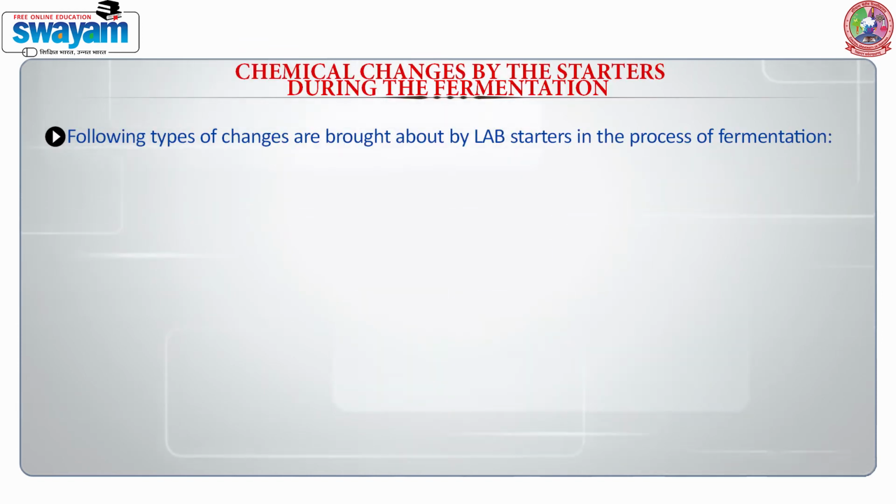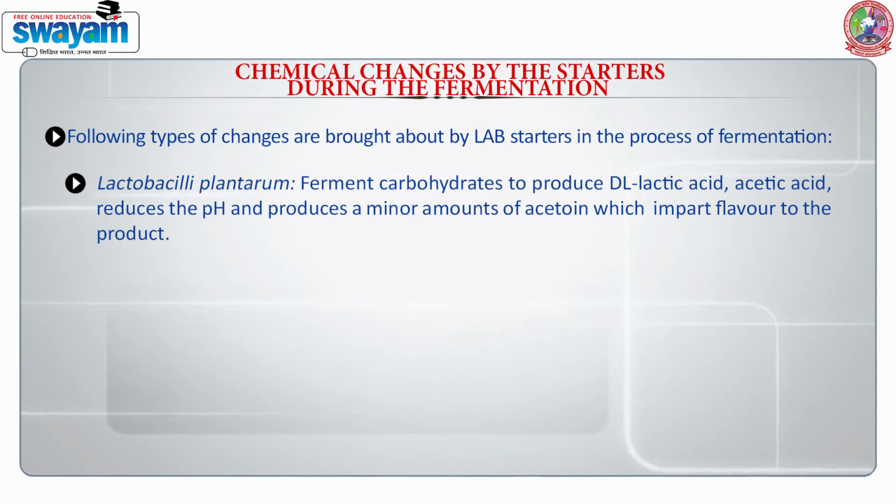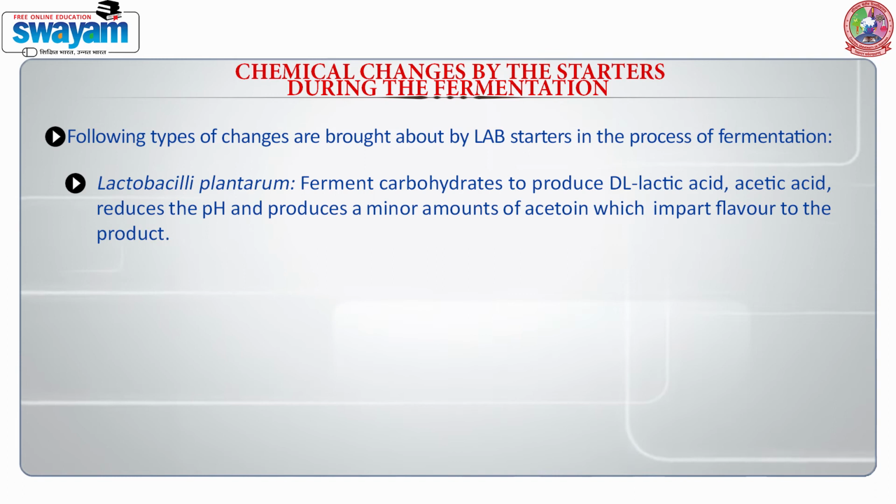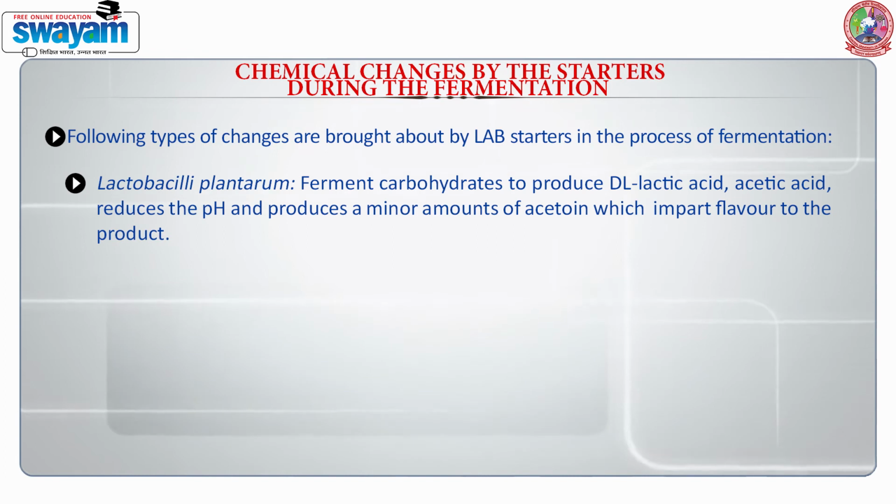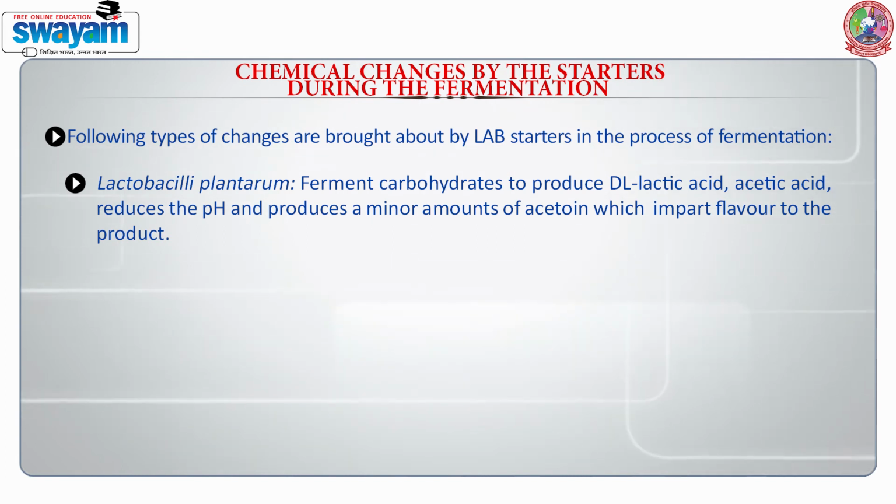There are certain chemical changes brought about by the starter culture during the fermentation, and mostly it is the production of lactic acid and acetic acid that reduce the pH, and also produce a minor amount of acetone, which is the prime substance imparting flavor to the final product.